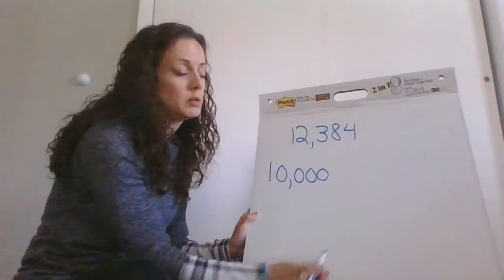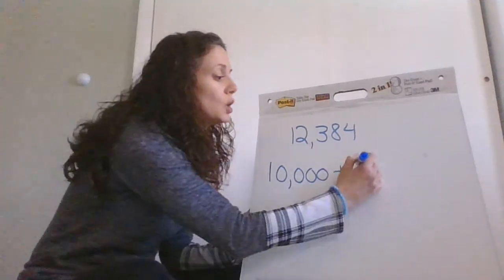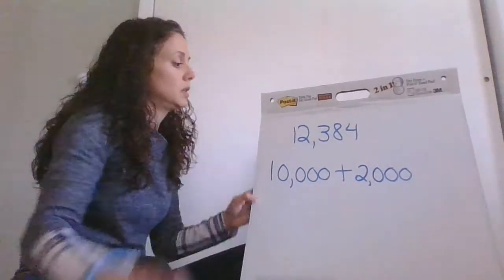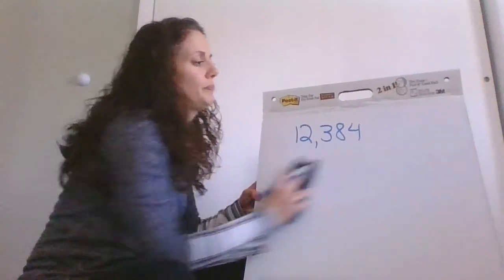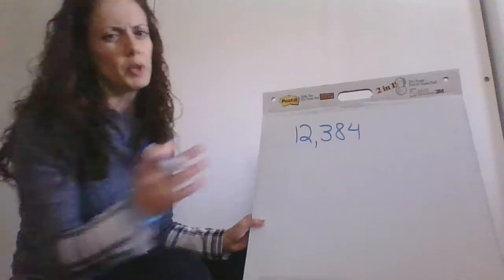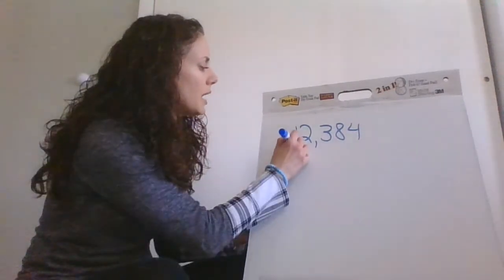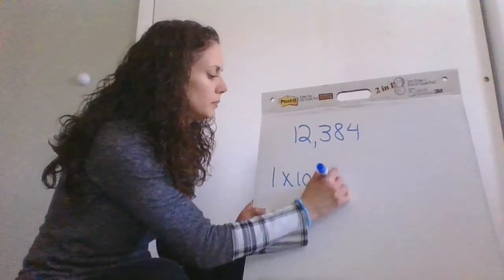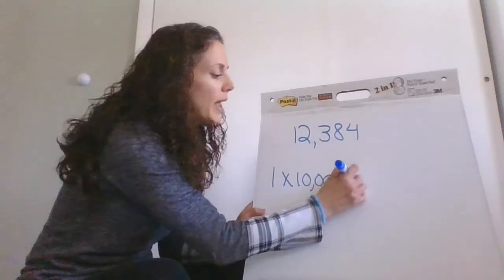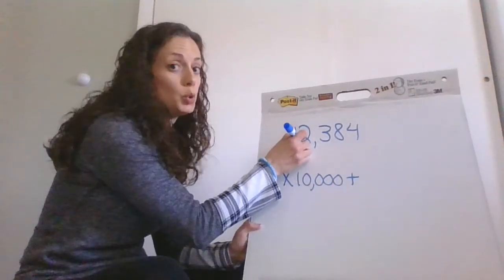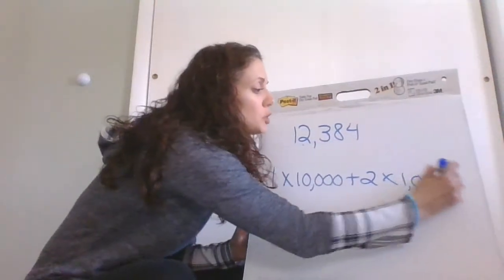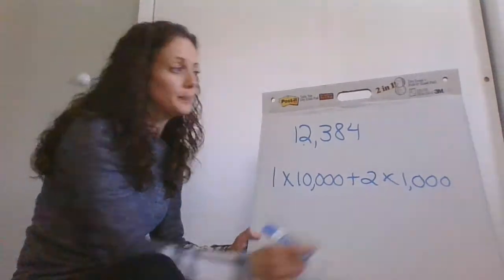10,000 plus 2,000. Actually, I tried it on the computer, so I want you guys to try it too. We would take this 1 and multiply it by 10,000, right? Then we add 2 times 1,000, because the 2 is in the thousands place.